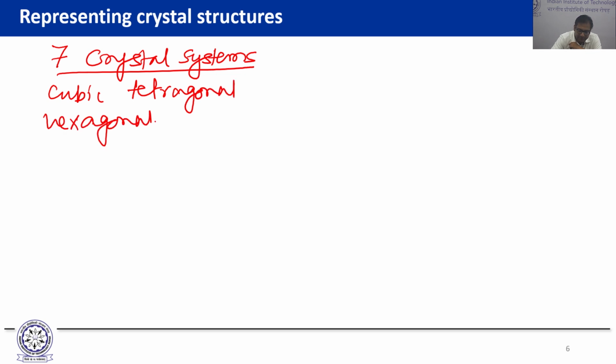So you've got the 7 crystal systems. When you consider some sort of centering of the atoms, whether inside the volume, which is your body centered, or the face, or any one of the bases, then that gives you the 14 Bravais lattices.